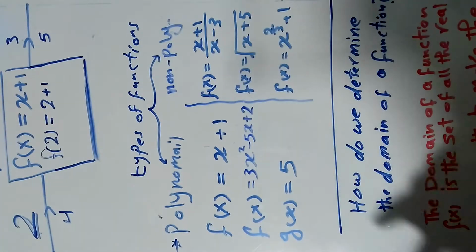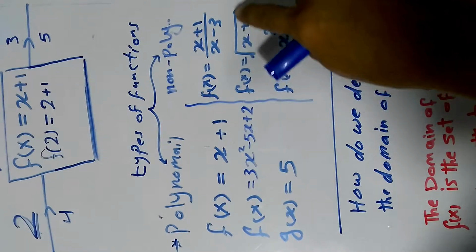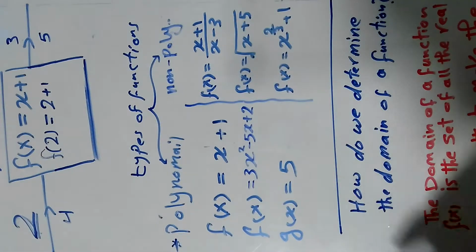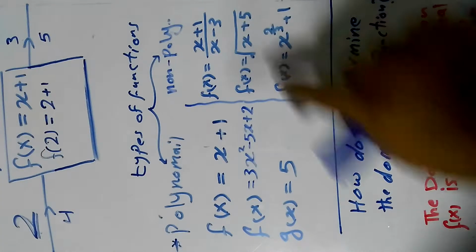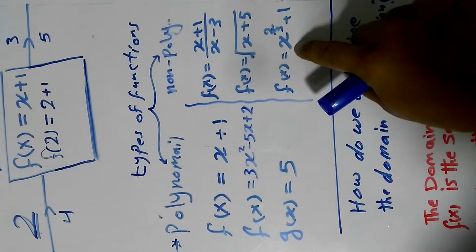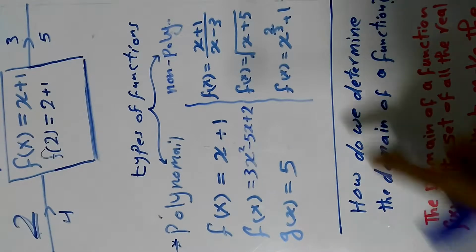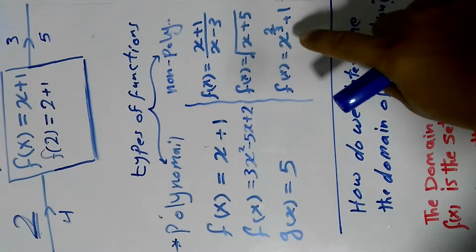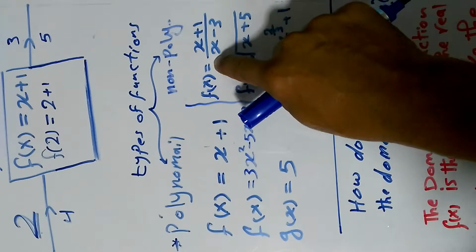If f of x equals the square root of x plus 5, this is not a polynomial function because x is under the square root. If f of x equals x to the power 2/3 plus 1, this is not a polynomial function because the power here is not a natural number.